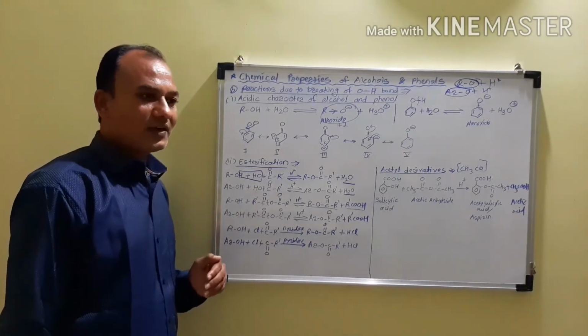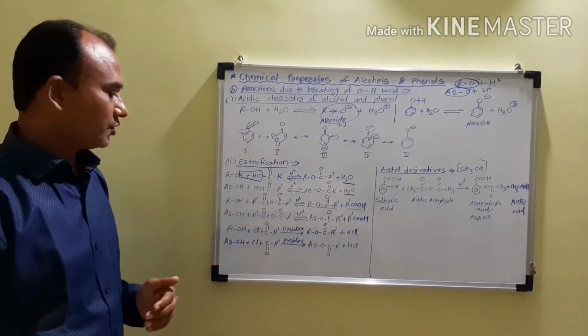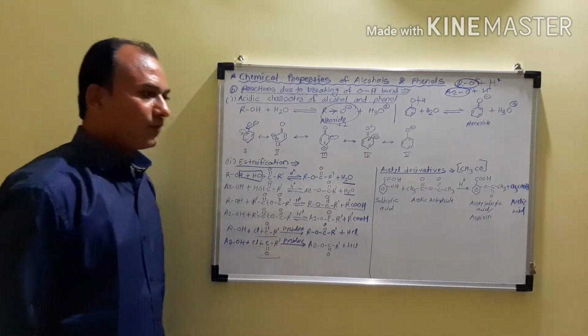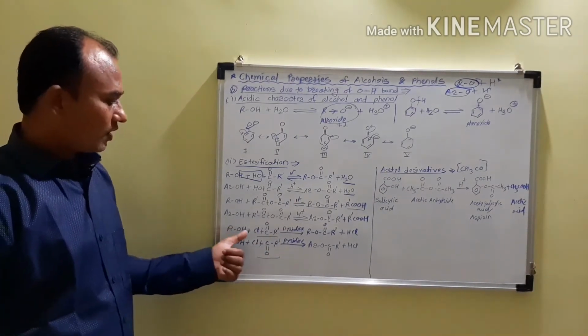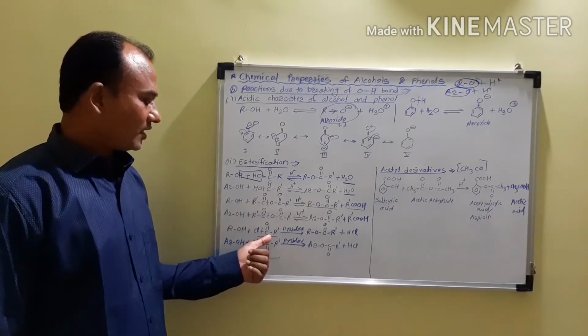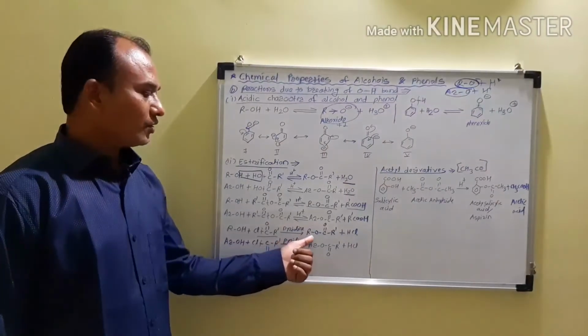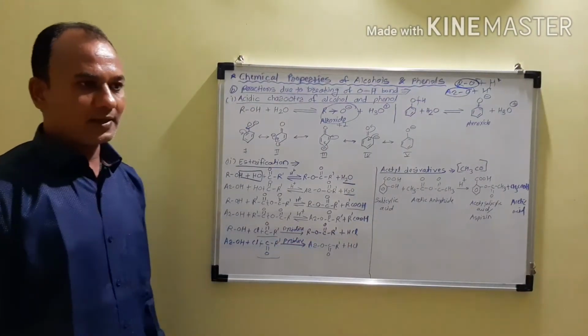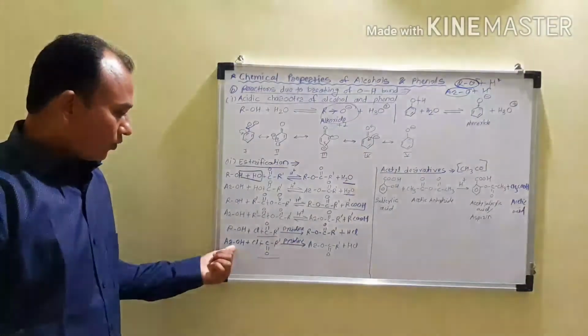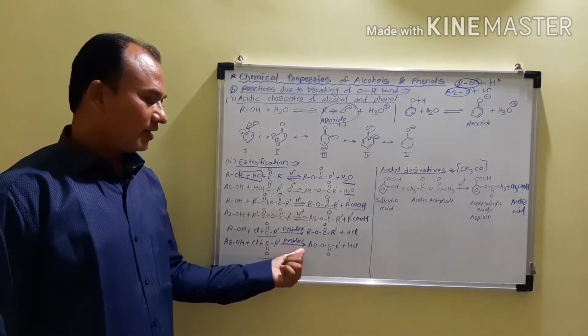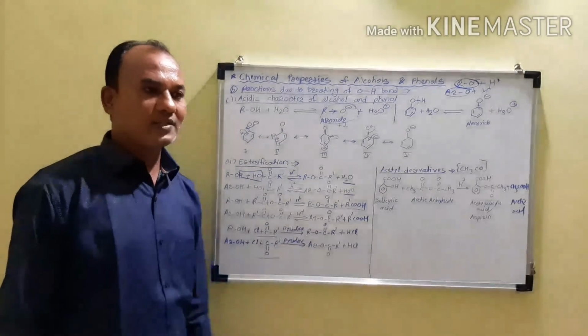The third reagent that we can use to convert alcohols into esters is the acid chlorides. So when this alcohol is treated with the acid chloride in the presence of pyridine, it gives the ester and HCl. Now when phenol reacts with the acid chloride in the presence of pyridine, it gives the ester and HCl.